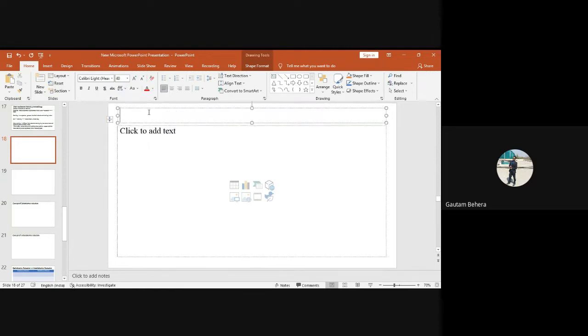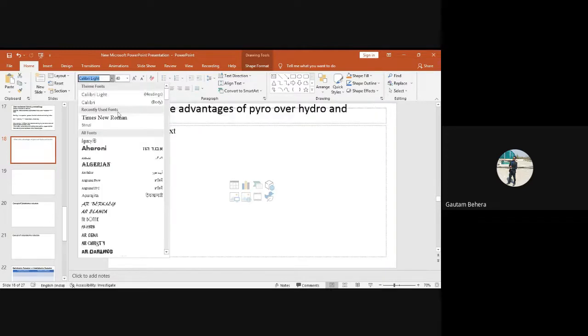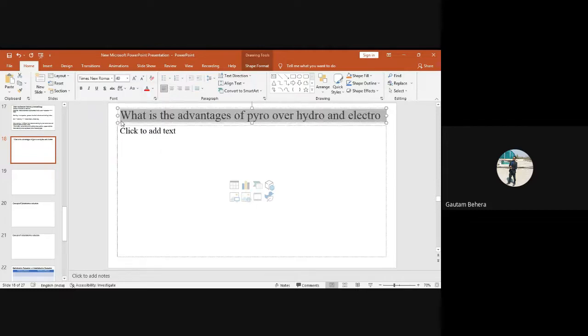So what are the advantages of pyrometallurgy over hydro and electro? Basically we understand pyrometallurgy is the principal route of metal extraction and metal refining, not hydro, not electro.